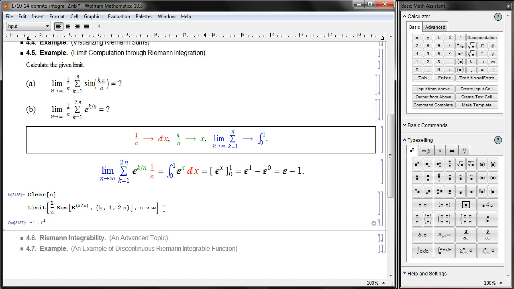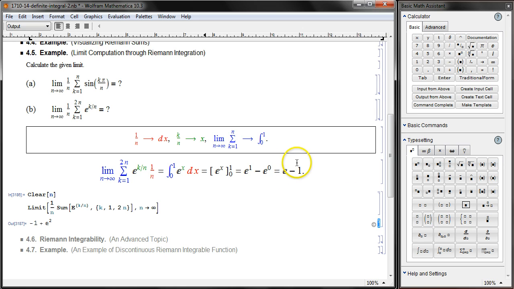Okay, finally. I got something close, but no cigar. Instead of e minus 1, I got e squared minus 1. What the heck is going on here? You see, I got e minus 1. I got e squared minus 1.